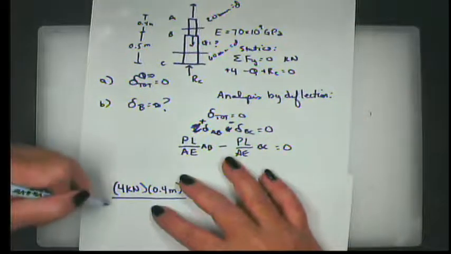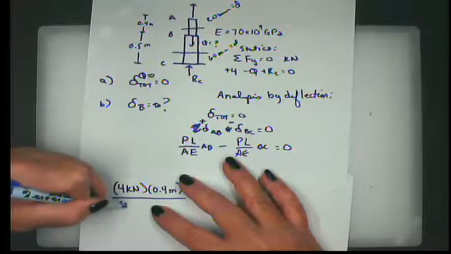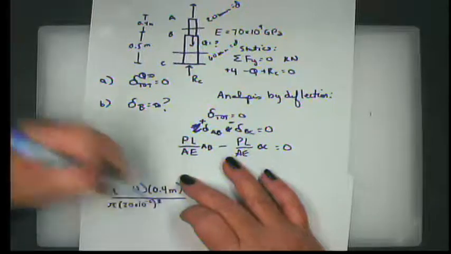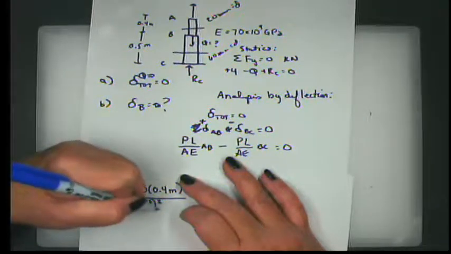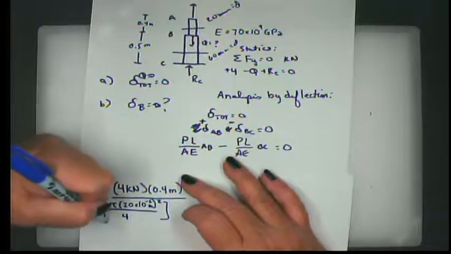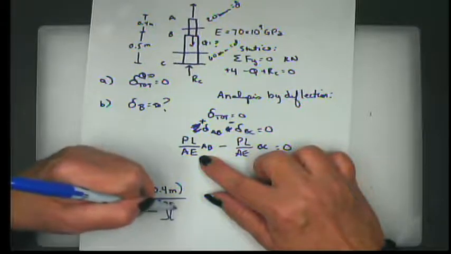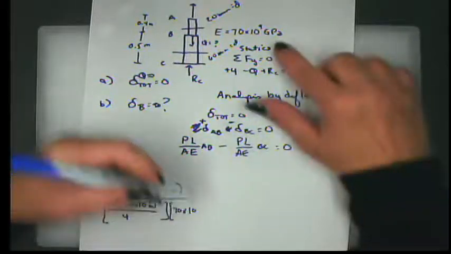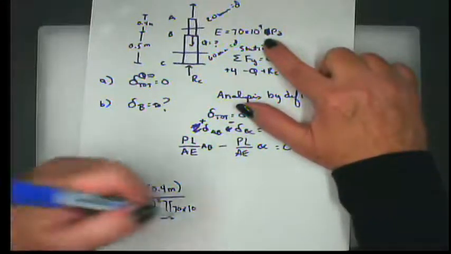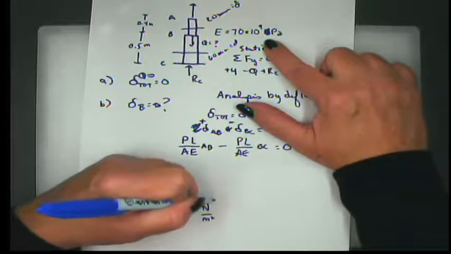So the cross-sectional area of a circle is pi times d squared over 4. And then my modulus of elasticity is, sorry, it's 70 gigapascals, so it should be 70 times 10 to the 9th pascals, which is a Newton per meter squared.